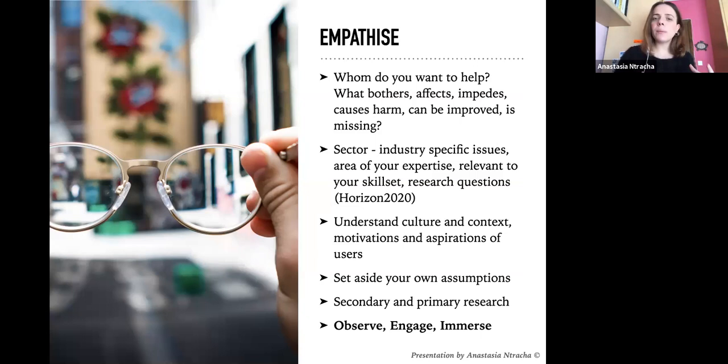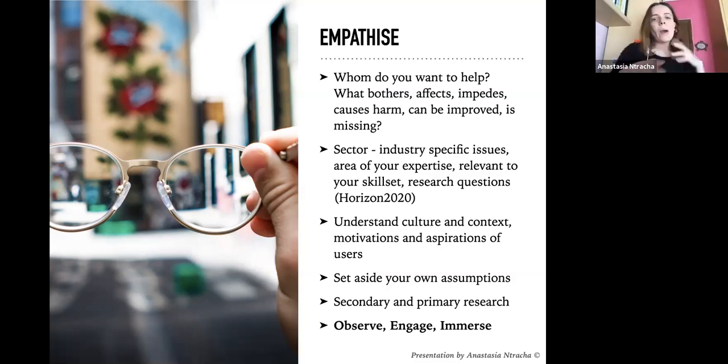It could be a problem related to your sector or industry, your area of expertise, so you're more familiar with it, or a problem more relevant to your skill set. Or if you just want to save the world and find big problems to have an impact on, you can look at the research grants and research questions that Europe raises and gives funding for.